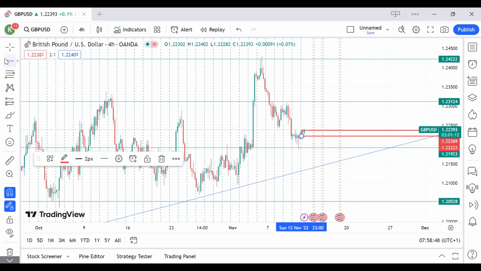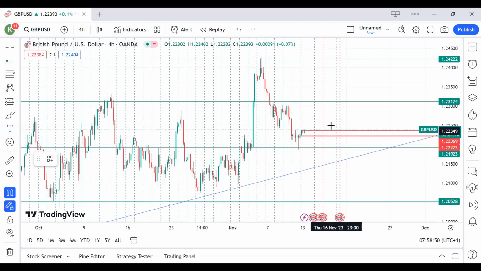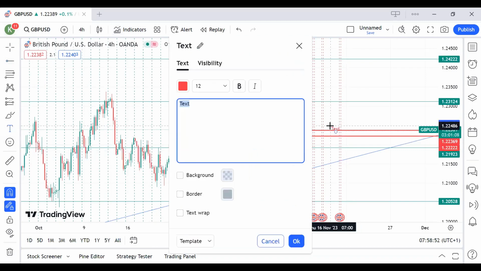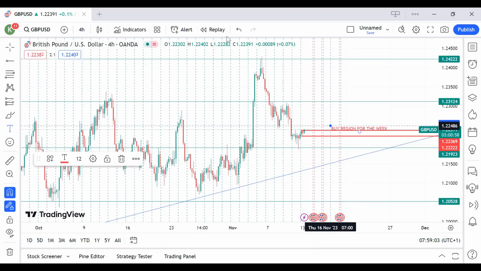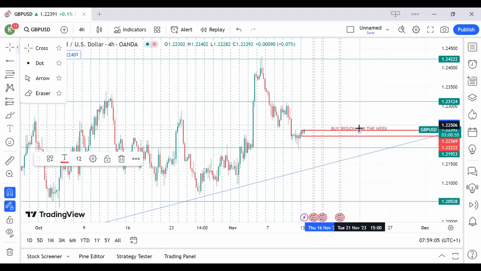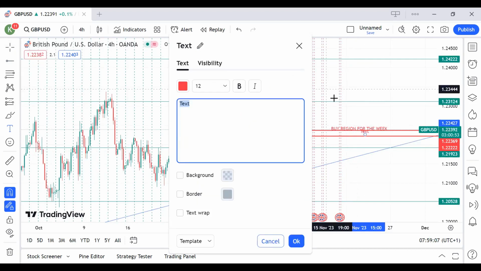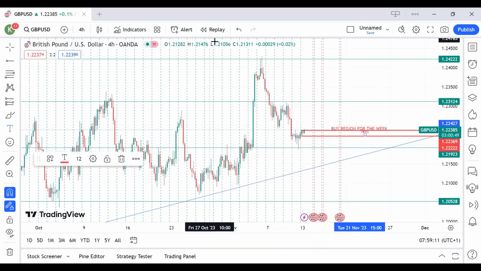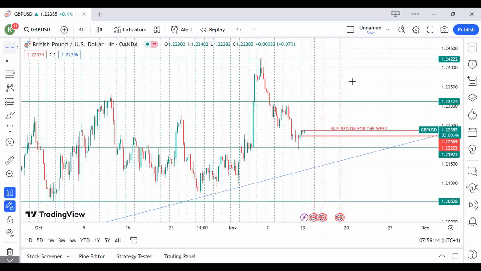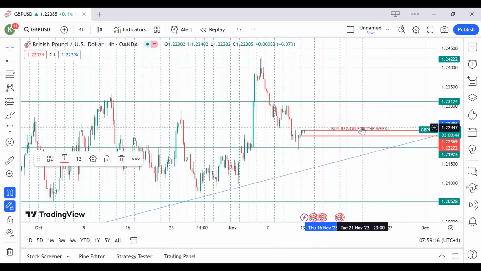And then the second one here, taking the low, of which this side gives us the buy region for the week. And beneath it gives us clearly the sell region for the week. We're just going to clone the first one we typed and just edit it.